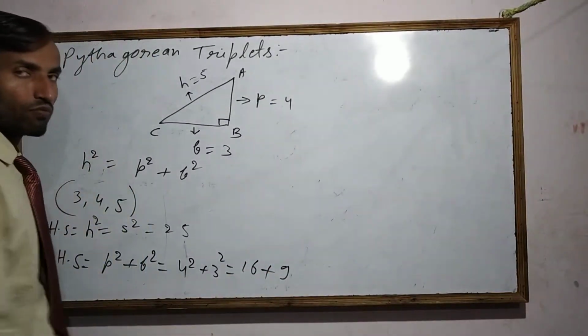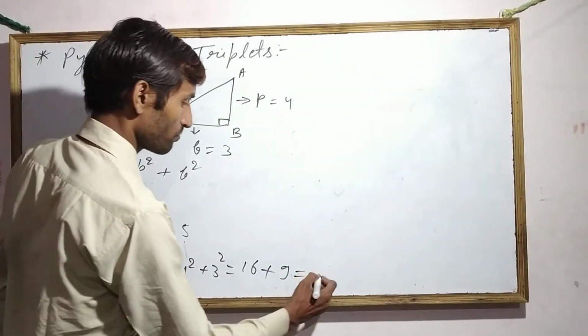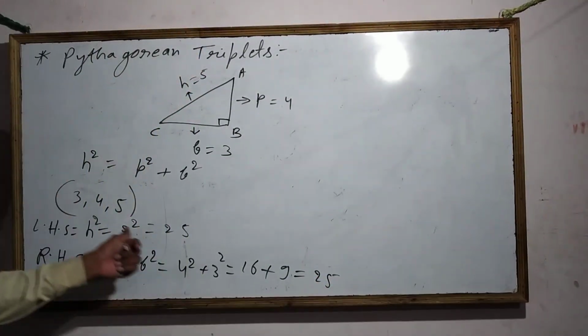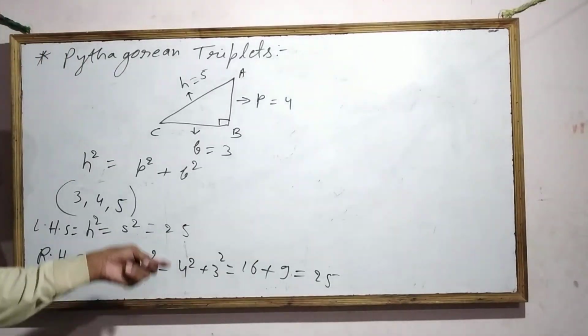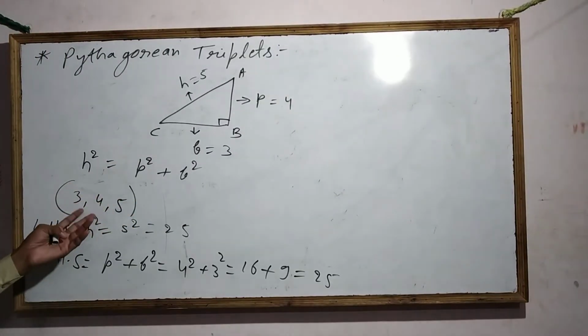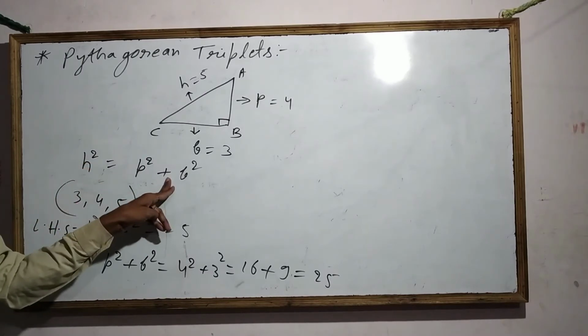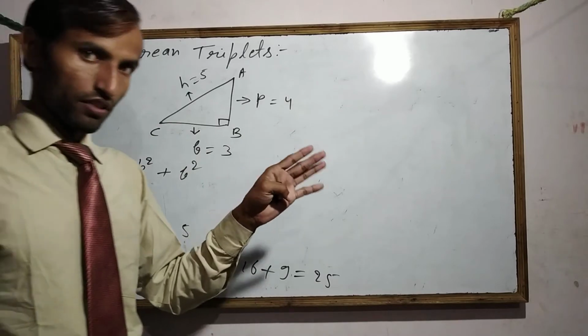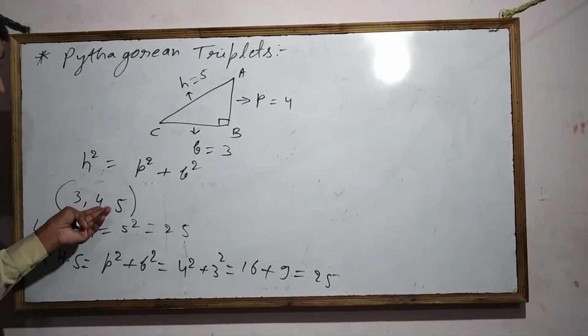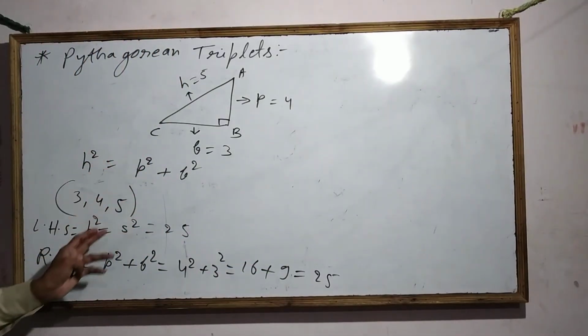Add 16 plus 9, it comes to 25. So the LHS value is 25 and the RHS value is also 25, both are equal. If both are equal, the numbers follow this formula, and we can say it is a Pythagorean triplet. So these three numbers are called a Pythagorean triplet.